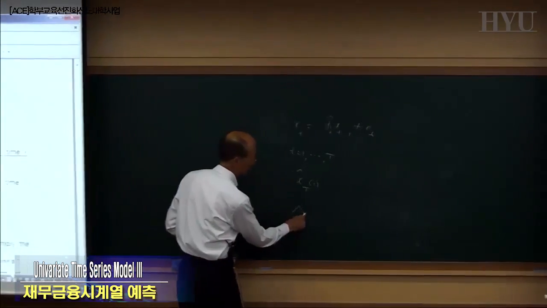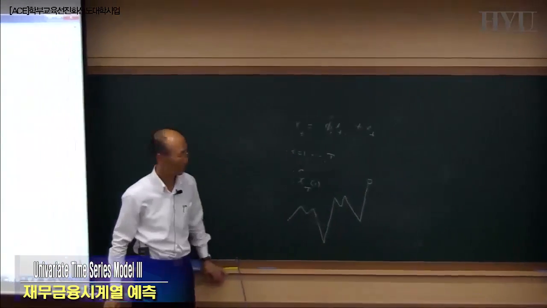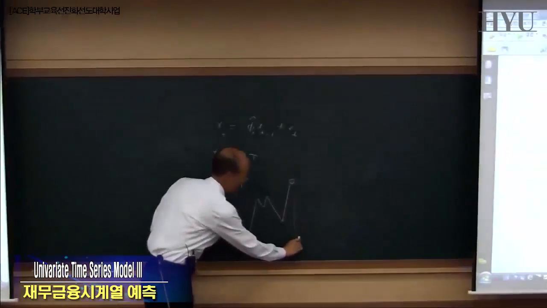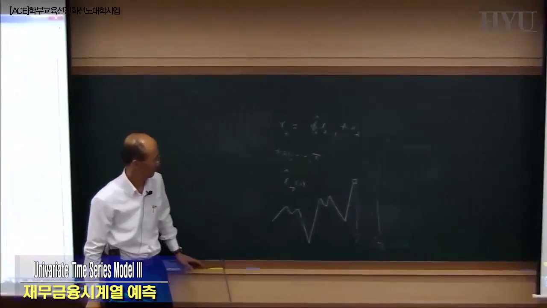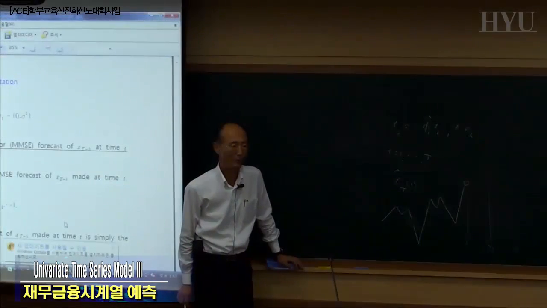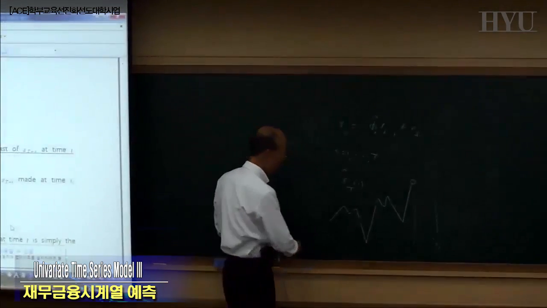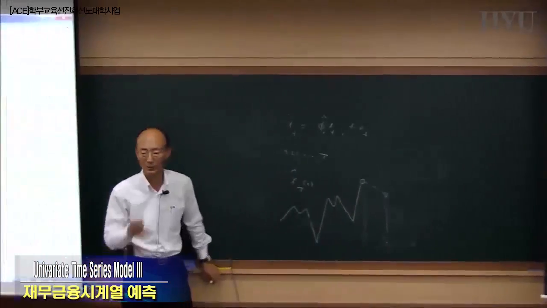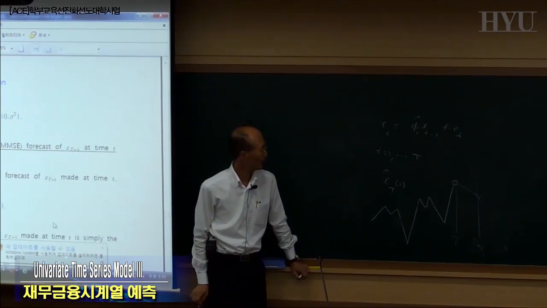And suppose the x data looks like this, and this is time period T, T plus 1. What is your forecast? Well, I could say this is my forecast. How do I get it?